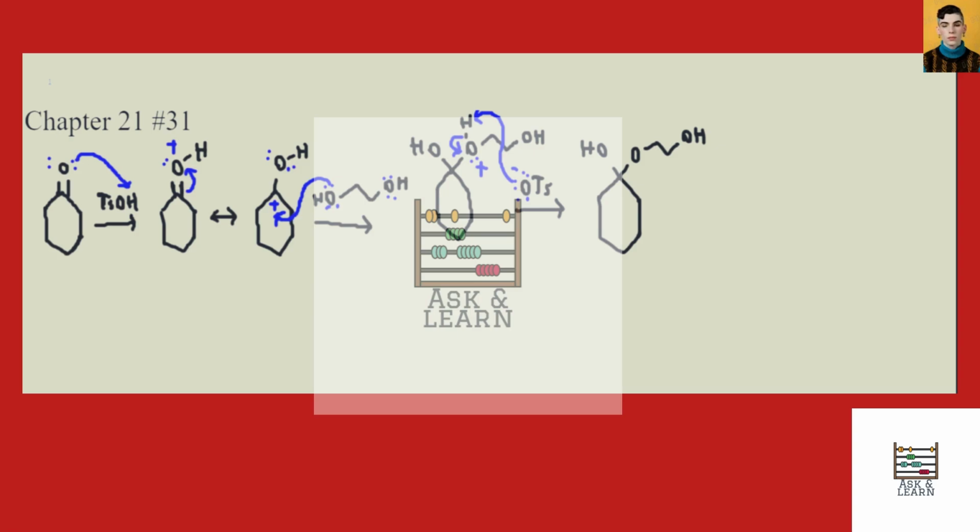So the first step from the hemiacetal is going to be protonation of the alcohol, again by tosic acid.